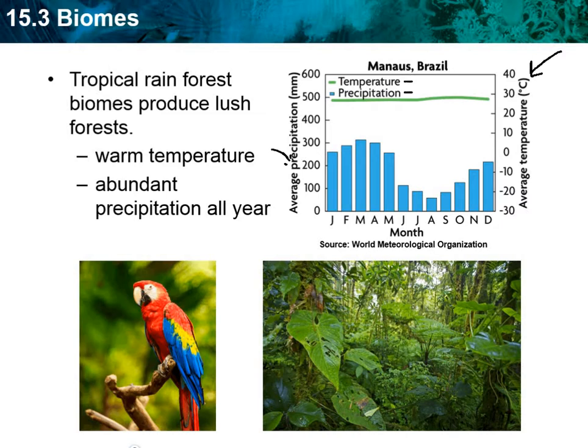And then over on the right side it is showing you the average temperature, and the temperature is represented as a line graph along the top of that graph. And I'm pointing this out to you because in the biome lab that we do, you're going to have to read these graphs, and I will explain in class how to do it, but I wanted you to be able to see it here as well. So that is a climatograph.